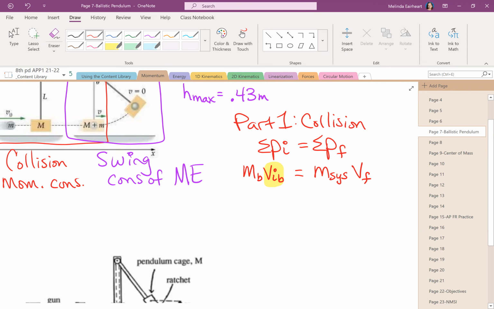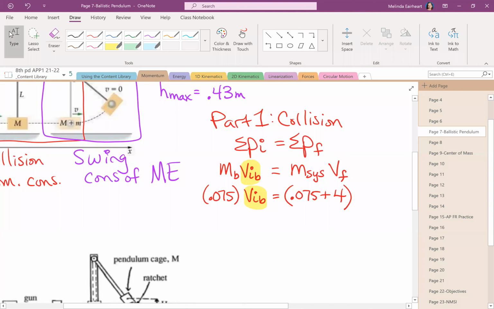Everybody good? Okay. And so we start plugging in mass of bullet, 0.075. We're looking for that initial velocity of the bullet equals system or combined mass. Well, it's the bullet plus 4, that was the mass of the wood. I know I'm showing them separate to prove the point, right? It's a combined mass. And then we have the final velocity after the collision.